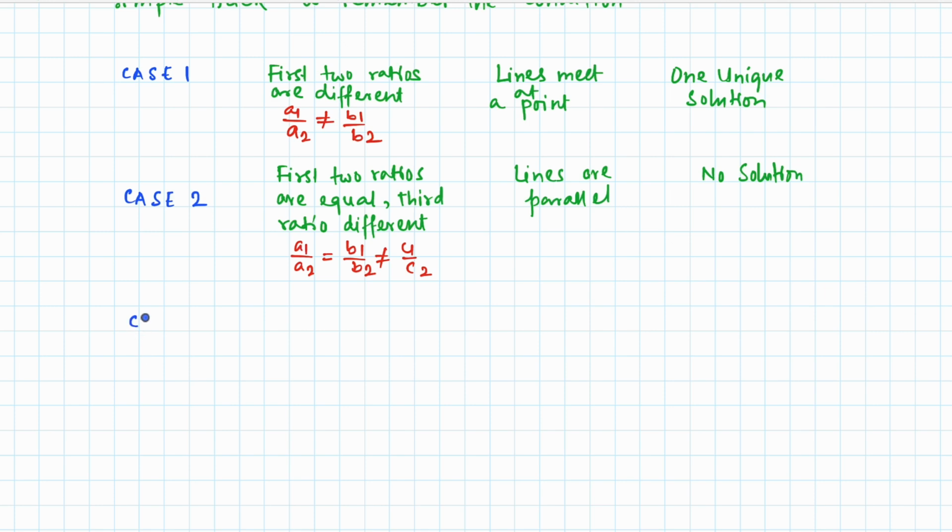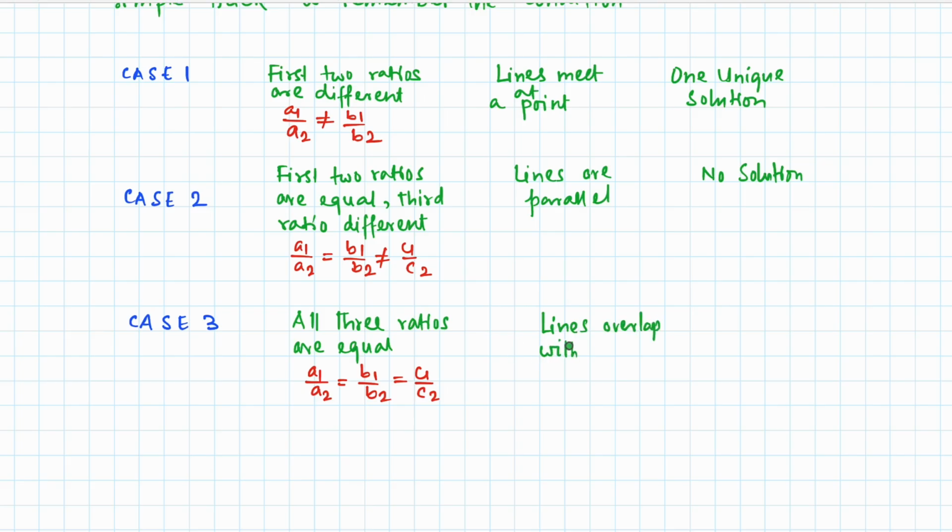Case 3, here all the three ratios are the same or equal, that is, a1 by a2 equal to b1 by b2 equal to c1 by c2. That means the lines overlap with each other.